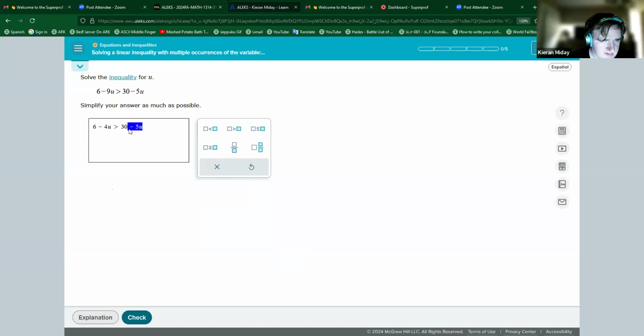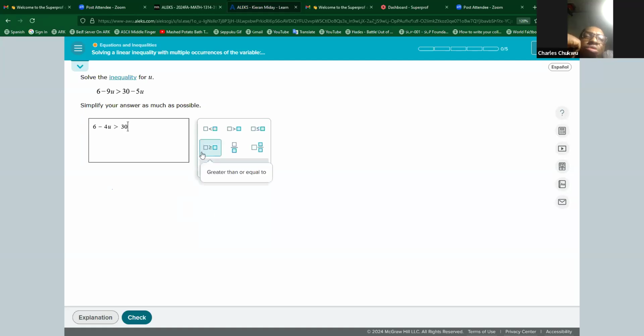For the numbers, we're going to be subtracting 6 from both sides, because it's on the same side. That's going to give us 24, and don't forget to take out the 6 from the left. Don't forget the negative sign is still there for 4u.